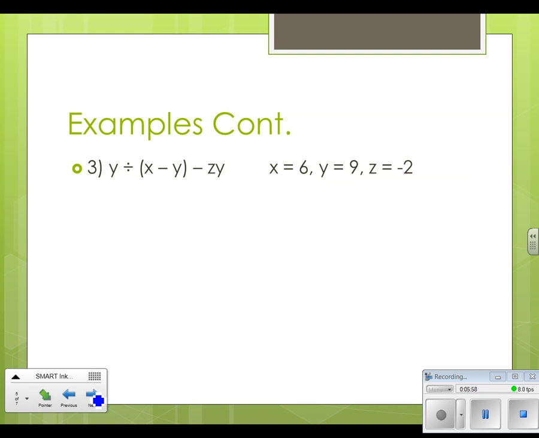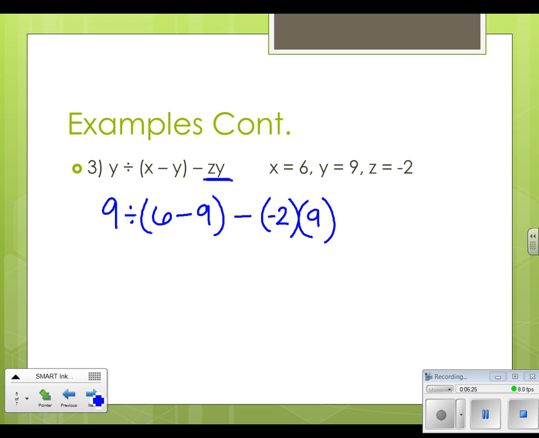We're saying y is 9, so 9 divided by, in parentheses, x we're saying is 6, minus y, which we're saying is 9, parenthesis, minus z, which we're saying z is -2, times y, which is 9. I'm using parentheses to show my multiplication, because remember, this right here means multiplication when they're sitting next to each other like that. Now follow the order of operations, PEMDAS.